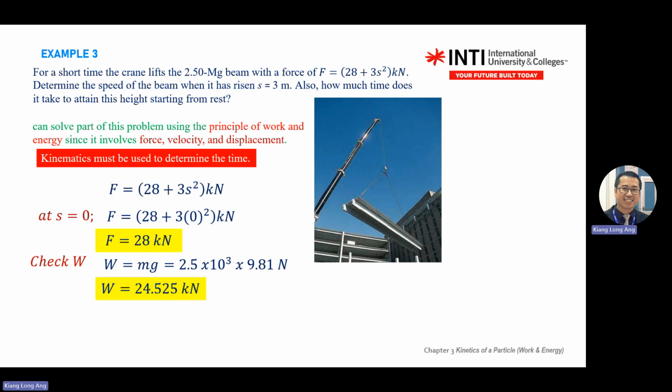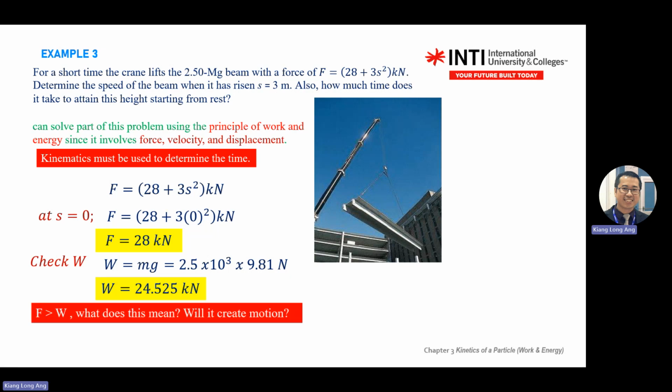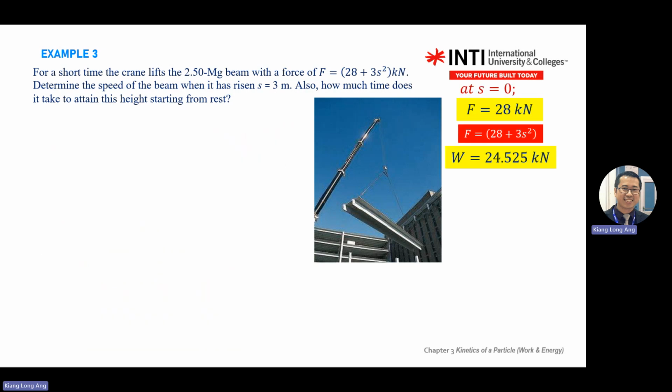Means the thing can lift even at the ground. So if the pulling force is more than your weight, then there's a motion already, right? Okay. So one, we do analysis, we do the free body diagram. You draw the beam with the cable, force and weight.